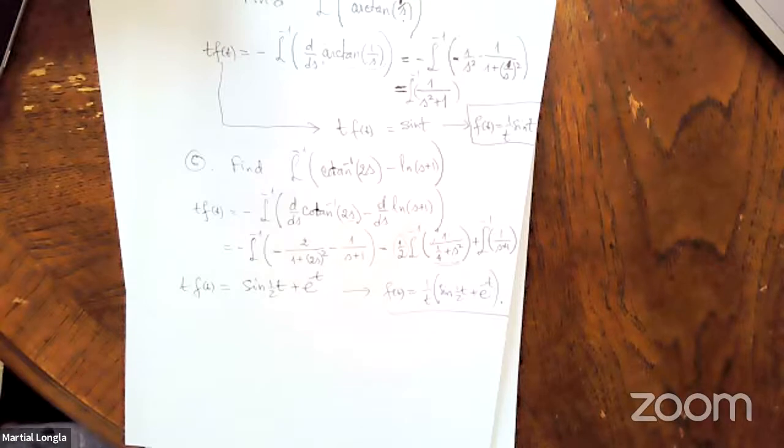It's e to the negative t, it's 1 over s plus 1.